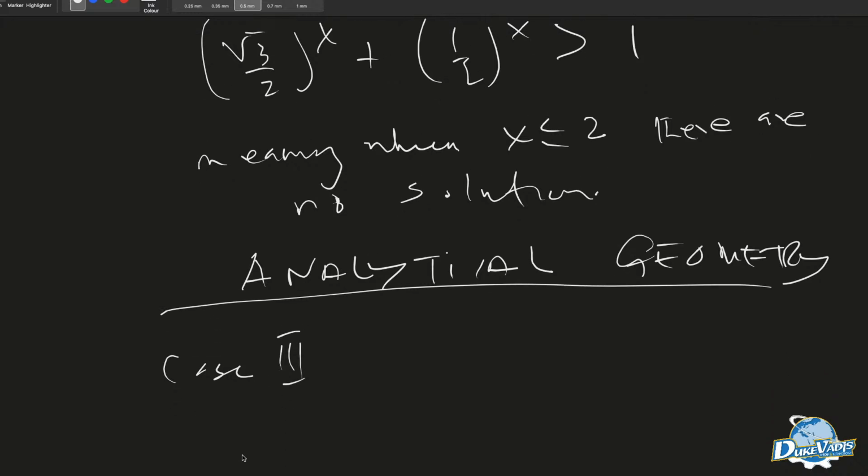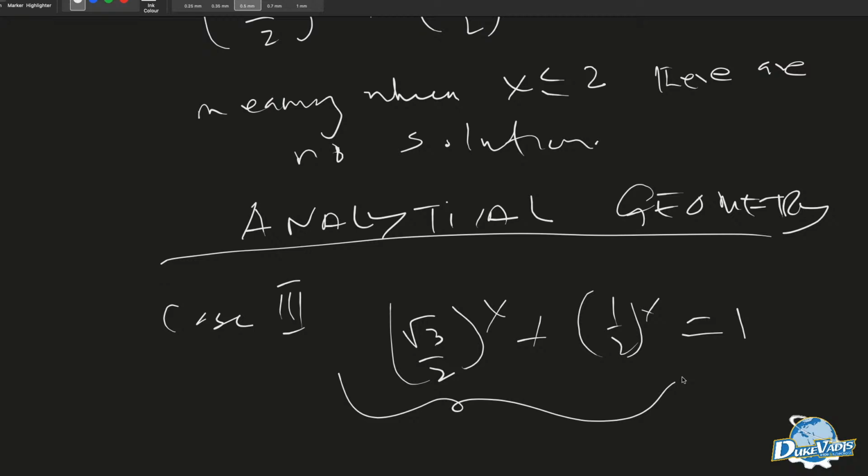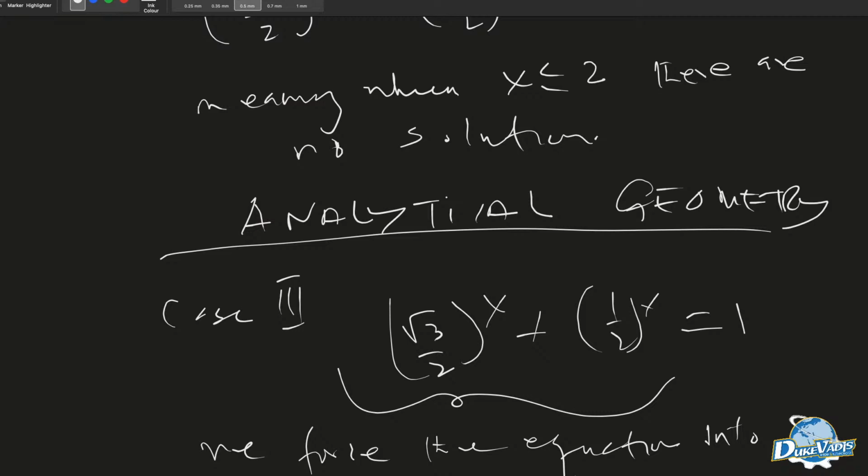In the analytical geometry perspective, we have root 3 over 2 raised to the power x plus half raised to the power x, which is equal to 1, for instance. We force the equation to be equal to 1.